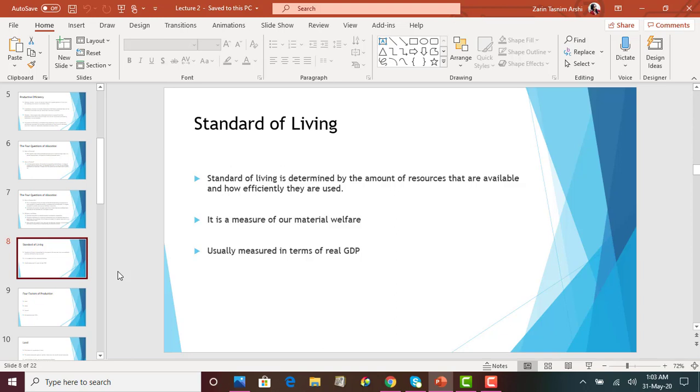If the standard of living of an economy is going up, that means it's good. The overall amount of resources used in the economy is going up, and they are used more efficiently. That's what it means. Developed countries have a higher standard of living than developing countries, because they have more resources in quantity, and at the same time the resources are used more efficiently.